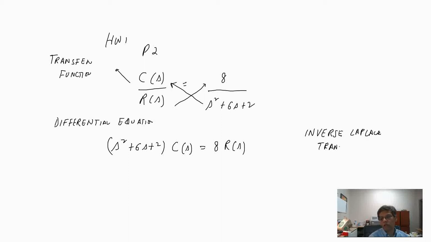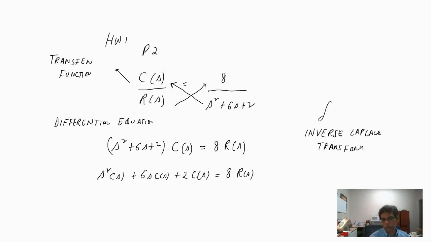So we are going to take the inverse Laplace transform of this transfer function that we had. We cross multiplied, we got that. So I could literally write it like this: s squared C(s) plus 6 times s times C(s) plus 2 times C(s) equals 8 times R(s). Well, in the next step, we are going to use the symbol of inverse Laplace transform.